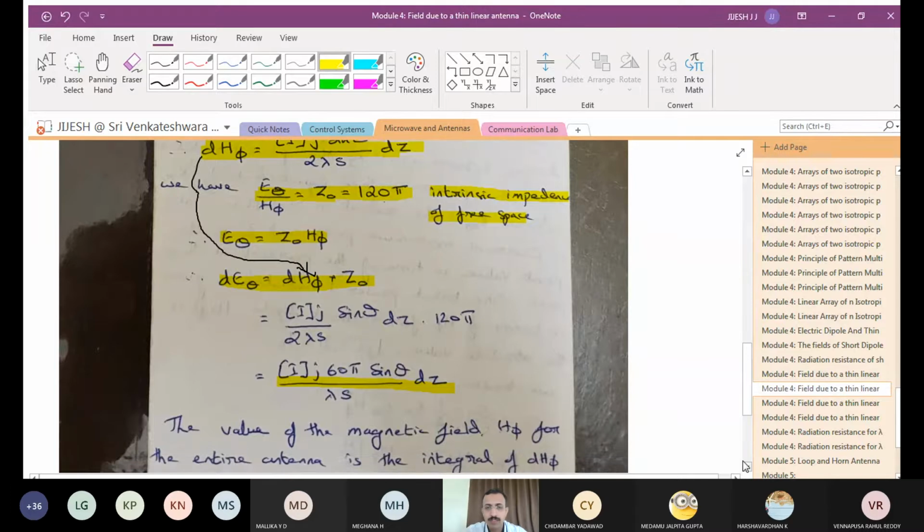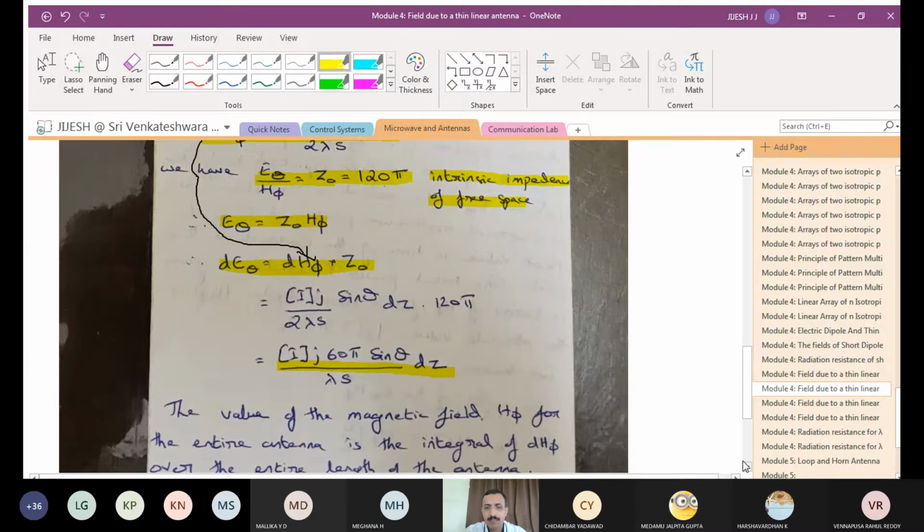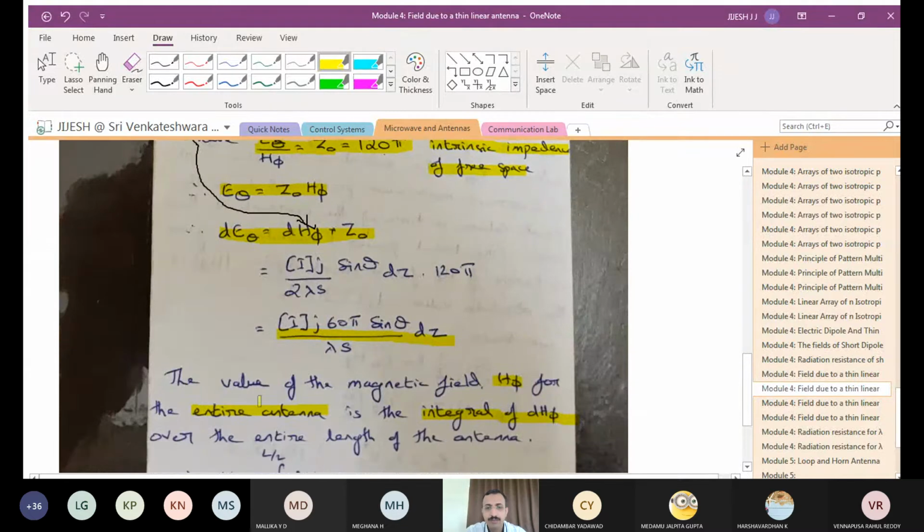Further, when we move on, the value of the magnetic field H phi for the entire antenna has to be the integral over dH phi over the entire length of the antenna L. So we got it for a small portion, and now we have to integrate to get it for the entire antenna.